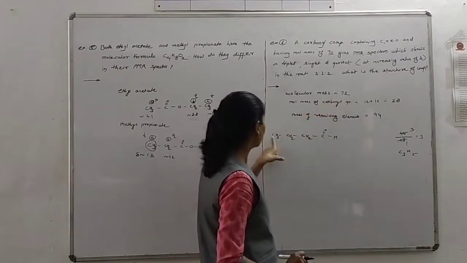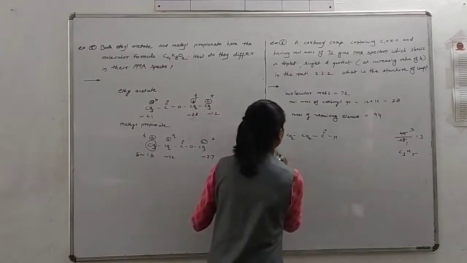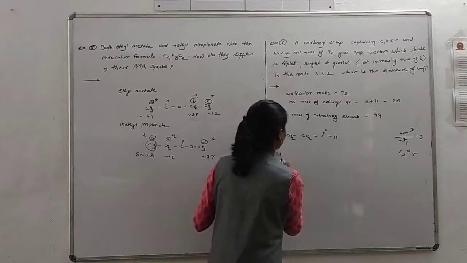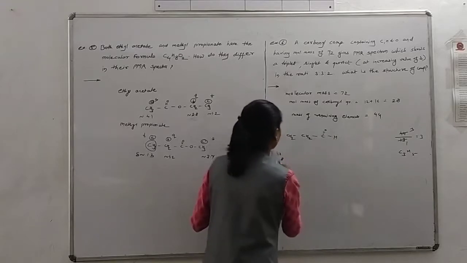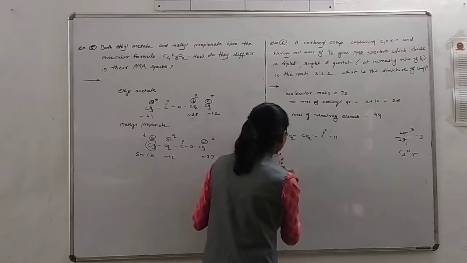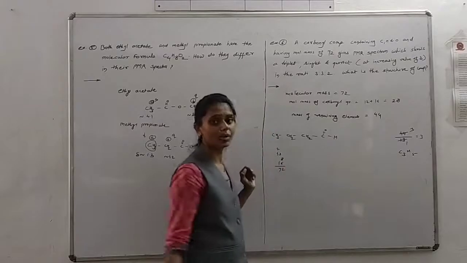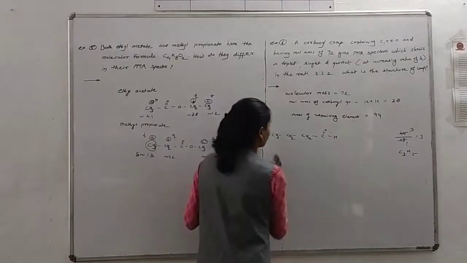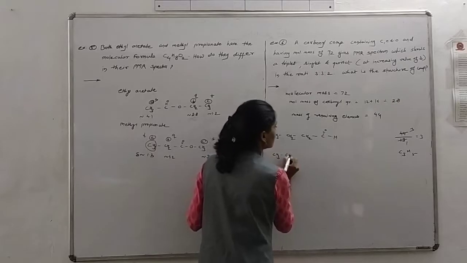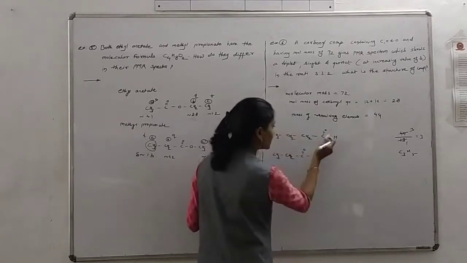Count it: 12, 24, 36, 48, then the hydrogens 8, and 1 oxygen 16. That makes 72. Again, what is the other possibility? The next possibility is CH3, CH2, C double bond O, CH3. That is an isomer of this.